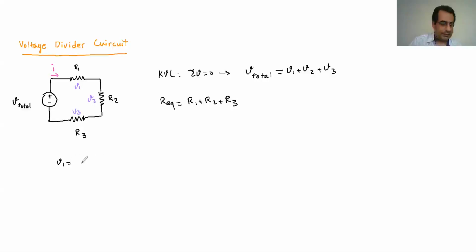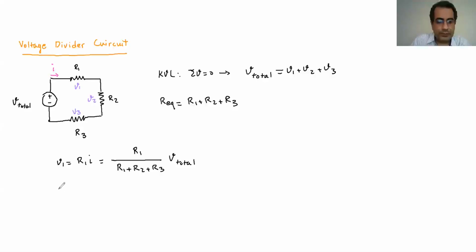You can directly say that V1 is proportional to R1, so it's the Ohm law. And if you use this here, V1 is going to be proportional to R1 over R1 plus R2 plus R3. And if you have more, you can just add them. That V total.